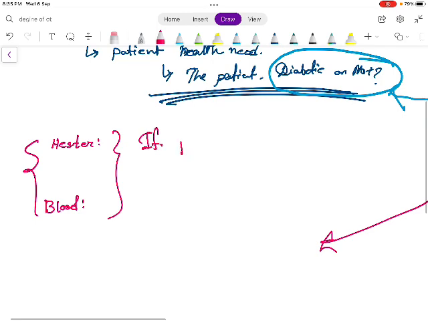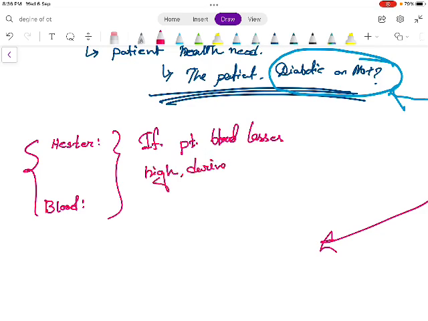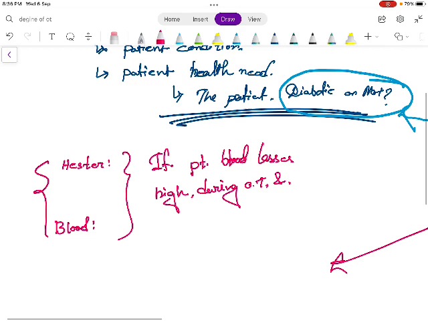If the patient's blood loss is high during the OT and more blood is needed, right?